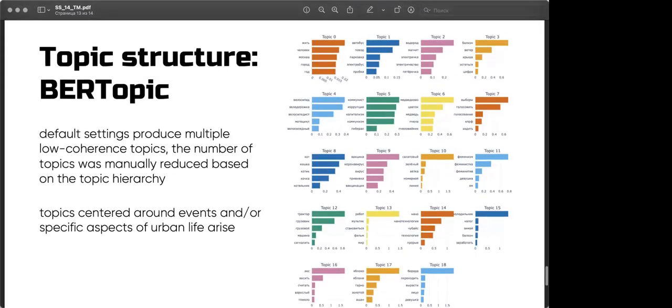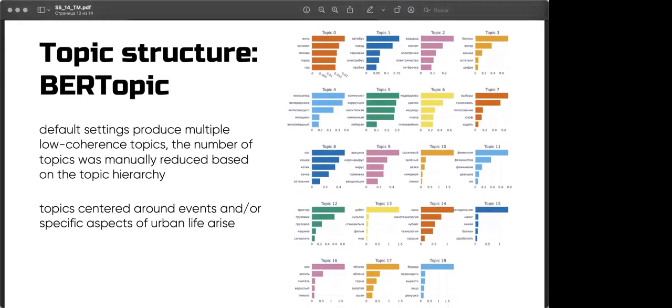I will show you the topics that result from applying this algorithm to the data set that I was talking about previously, the data set of Urban TikTok comments. We can see topics of different size, and again, I will show you in a minute the hierarchy and the distribution of documents for each topic.